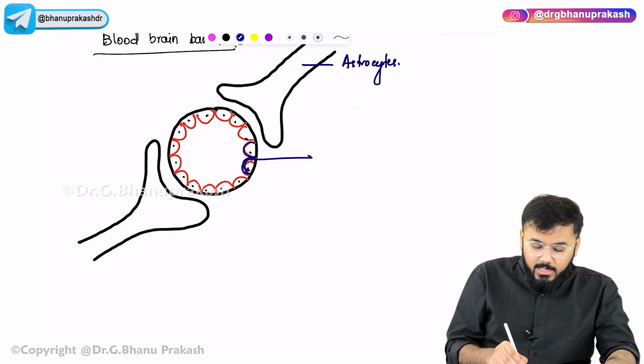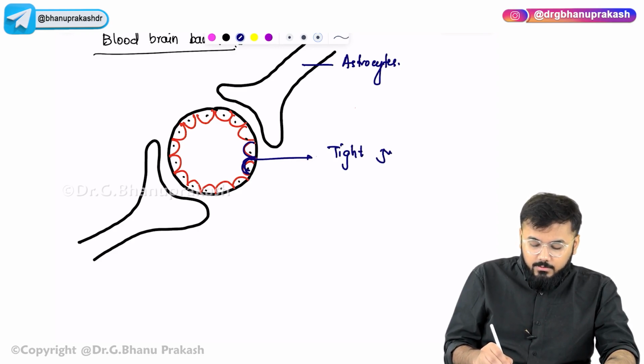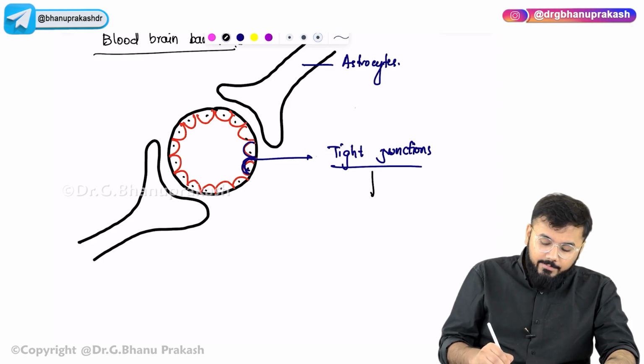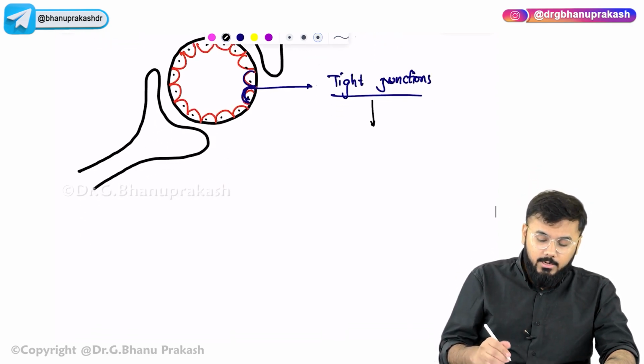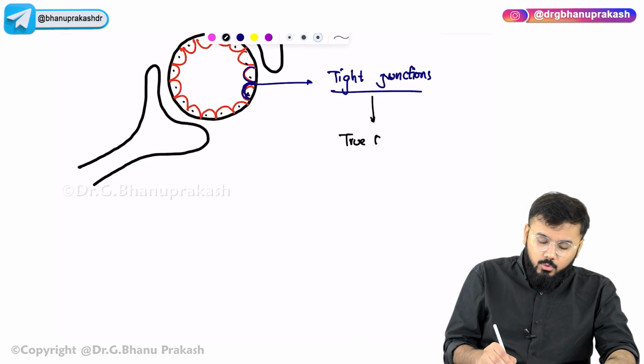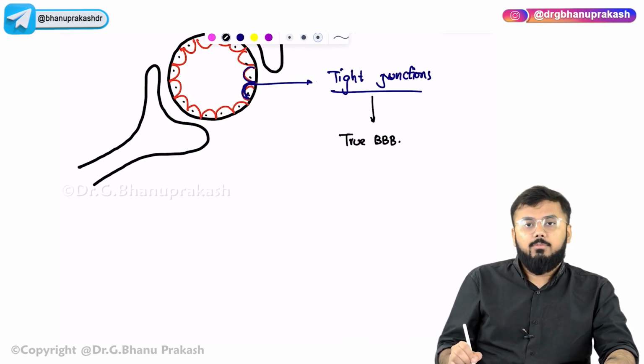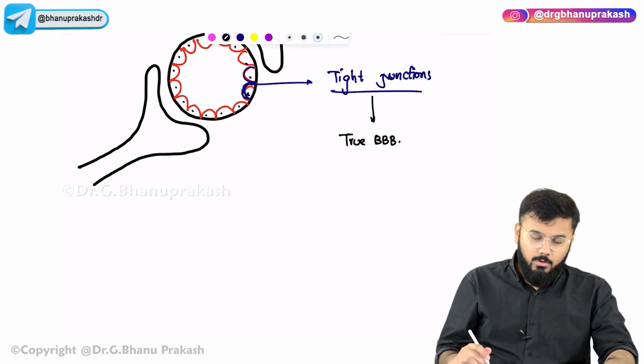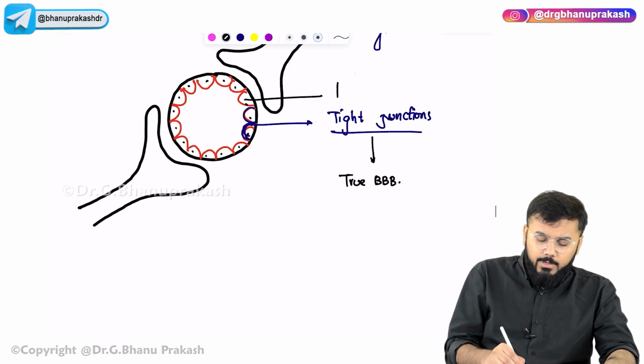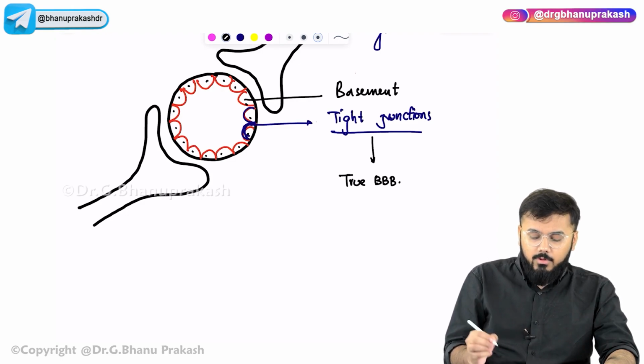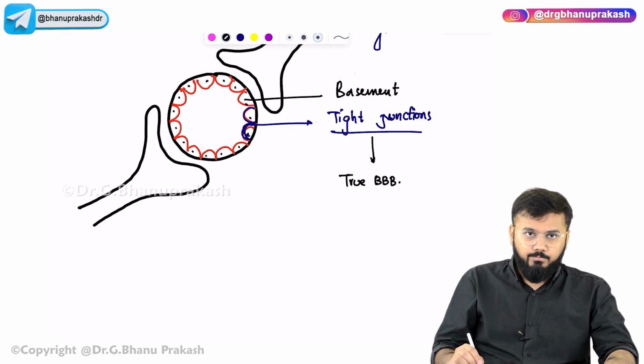Between the capillary endothelial cells you have tight junctions, and these form the true blood-brain barrier. And this is the basement membrane of your capillary endothelium.